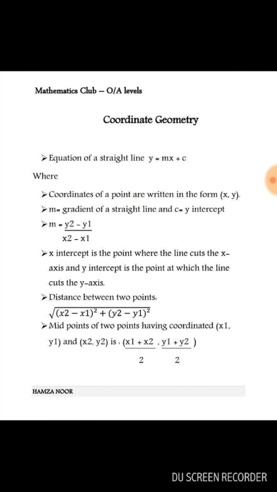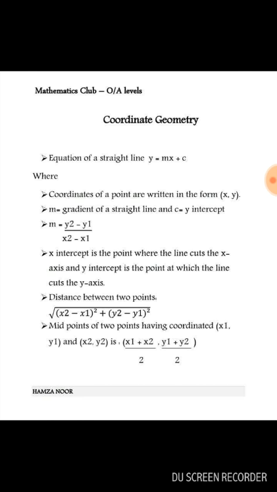In order to calculate the gradient, you need 2 points (x1, y1) and (x2, y2), and the formula is m = (y2 - y1)/(x2 - x1). That means the change in y over change in x. Now, what is c? c is the y-intercept, the y coordinate of the point where the line cuts the y-axis.